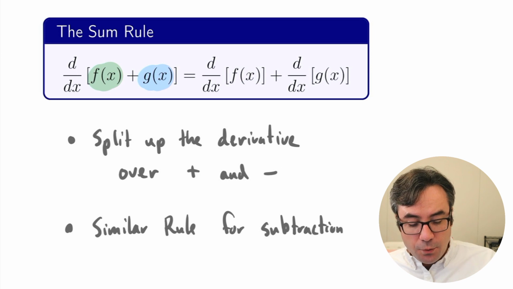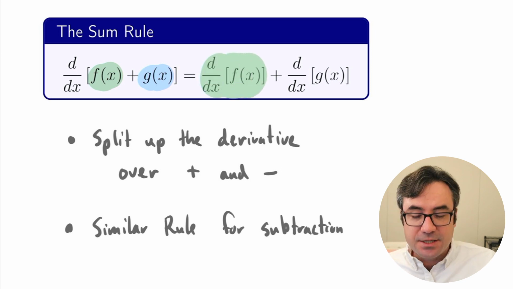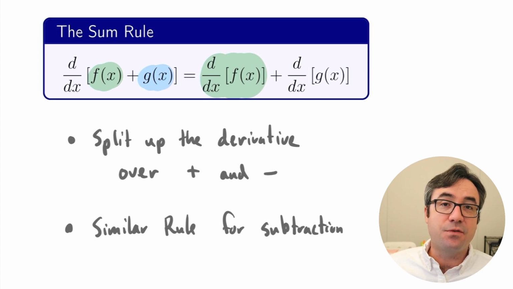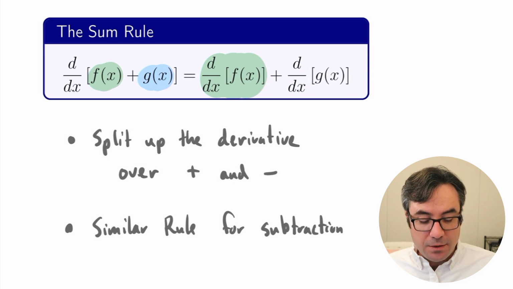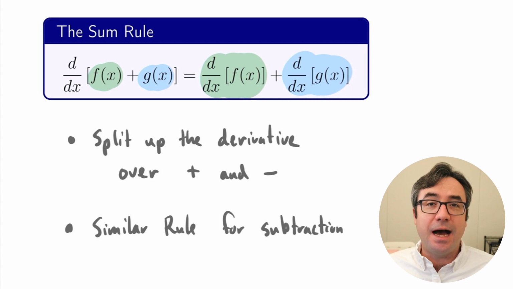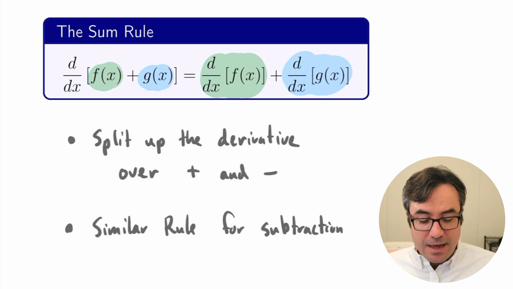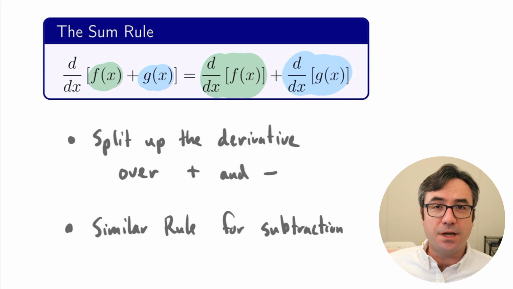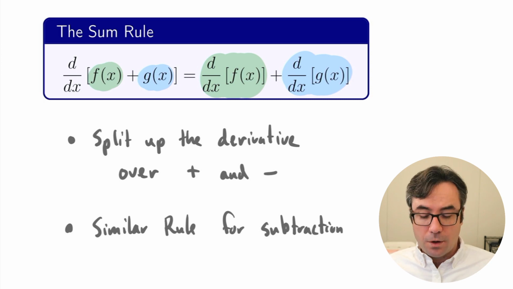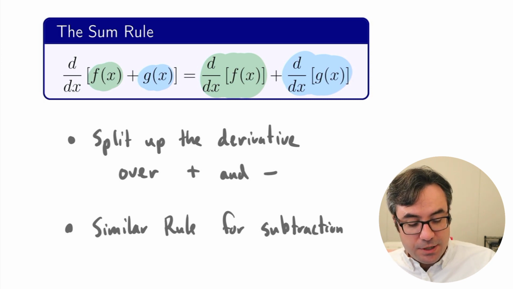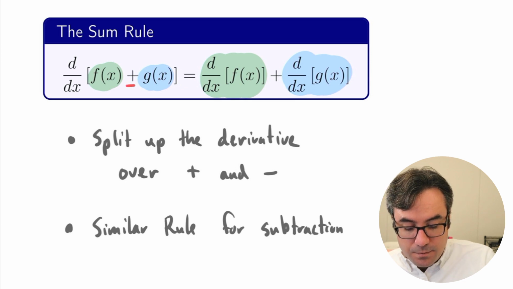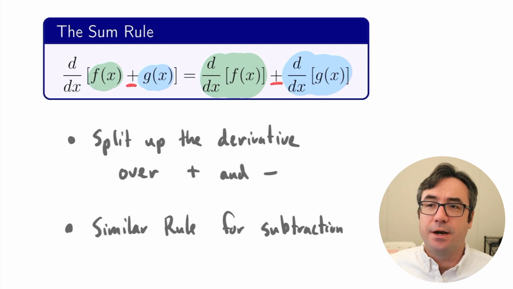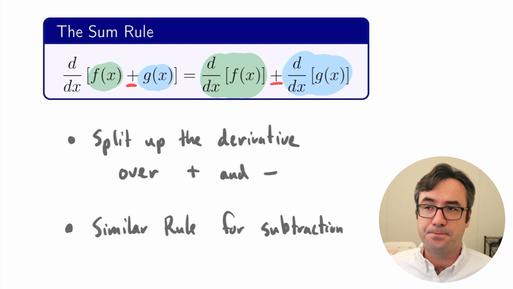Well, what we can do, according to this rule, is look at just the first piece on its own, differentiate it. We can look at just the second piece on its own, differentiate it, and then add the two results together. Or, if we're talking subtraction, then it would be subtraction there.